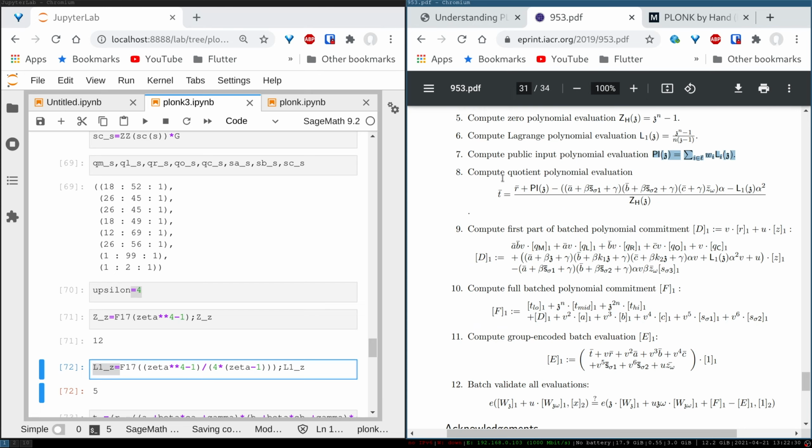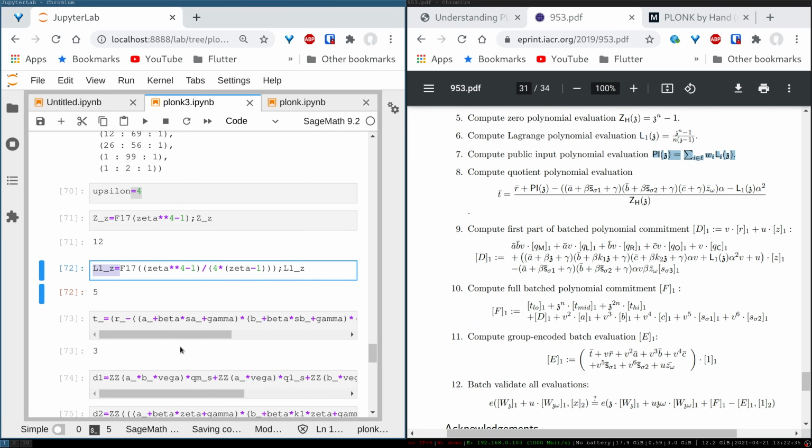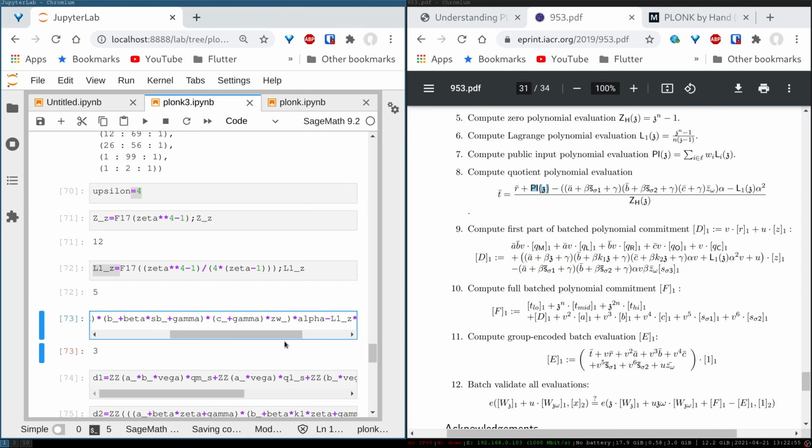And then we compute the T bar. T bar is a bar plus this term, which is 0, so minus a bar plus beta times sa bar plus gamma times b bar plus beta times sb bar plus gamma times c bar plus gamma times SZW bar times alpha minus L1Z, right, times alpha 2.